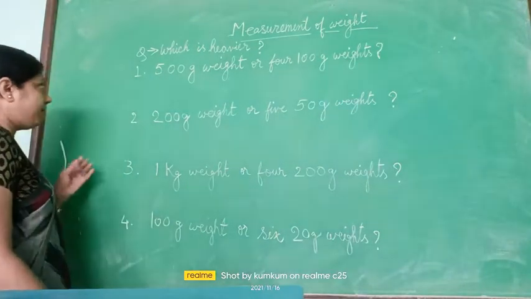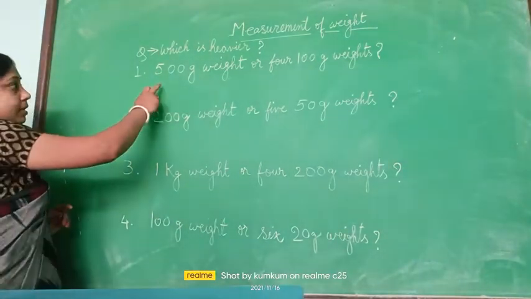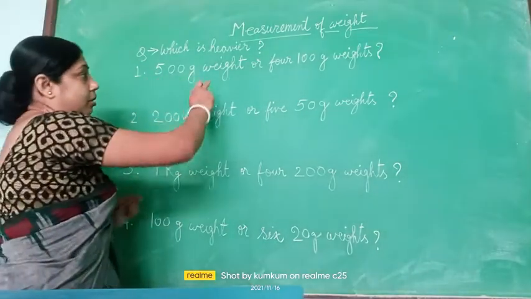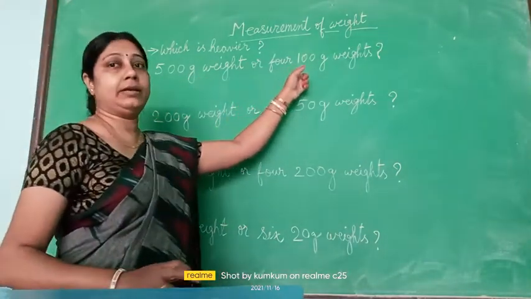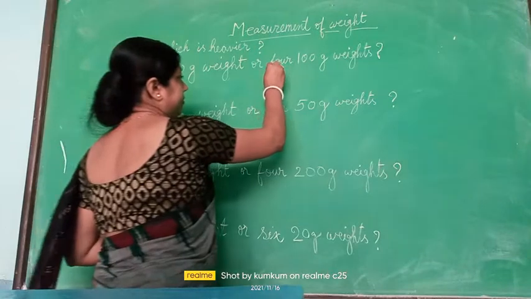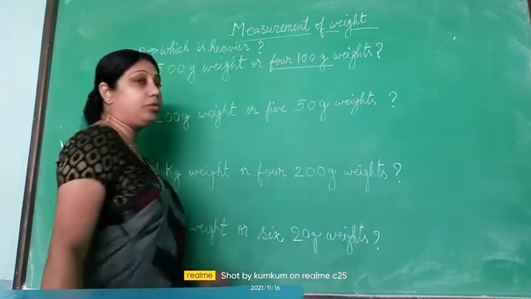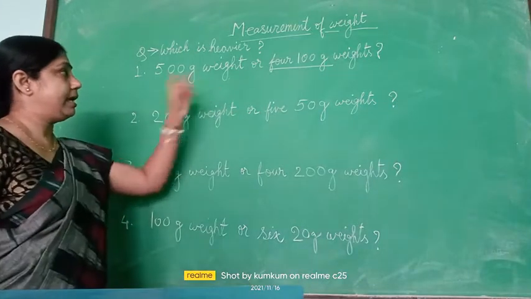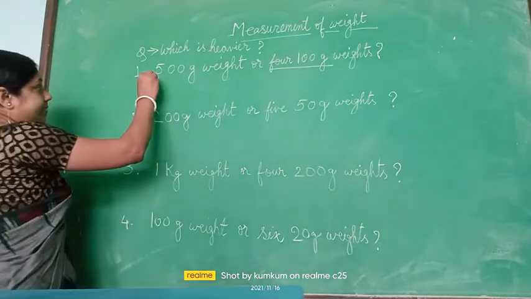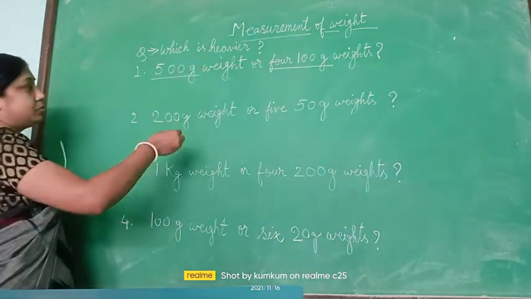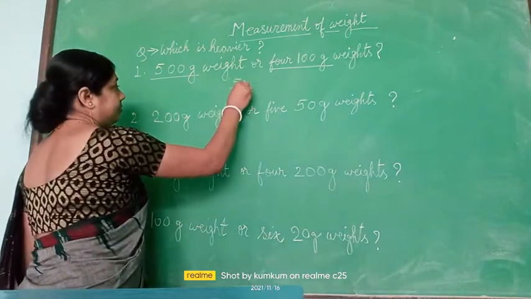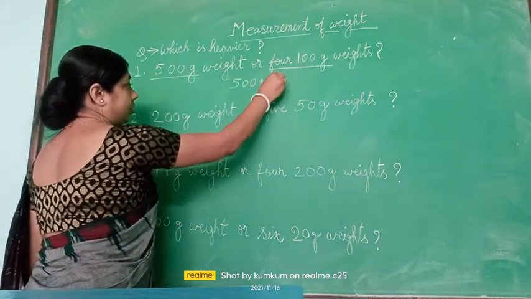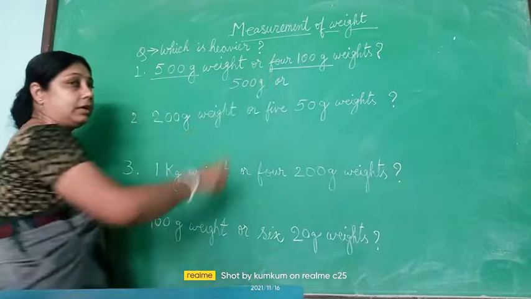Now see, first one is what? First one is 500 gram weight or 4 100 gram weights. So, which is heavier? Here it is given only 500 gram. So, 500 gram or 400 gram.